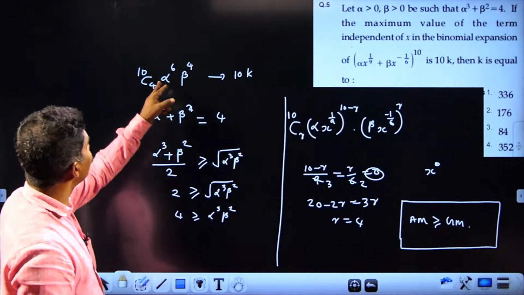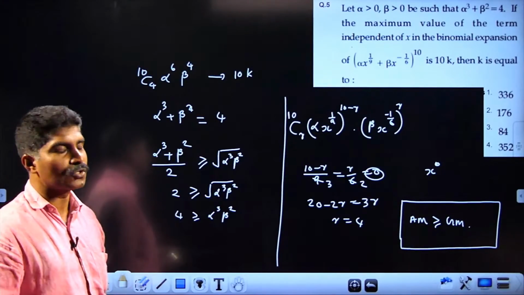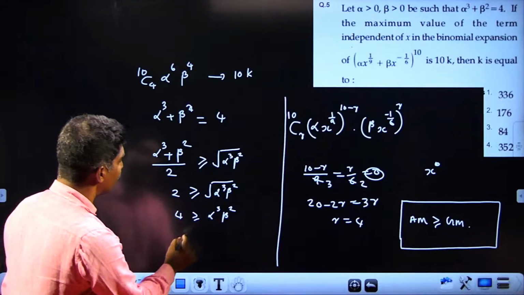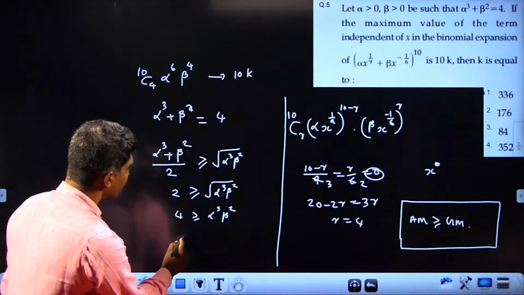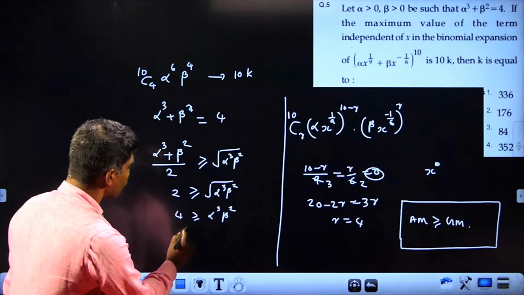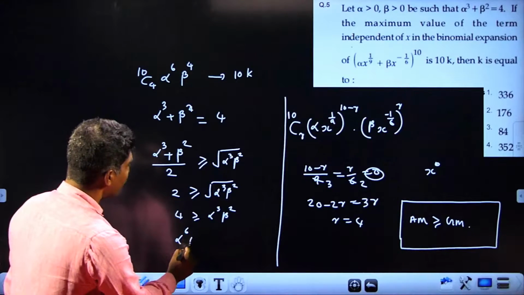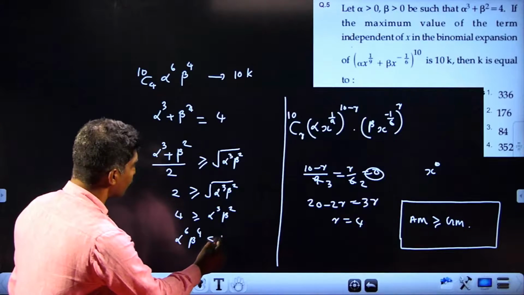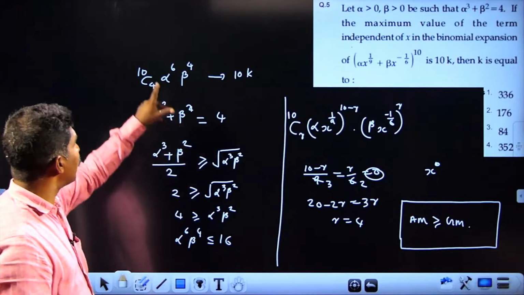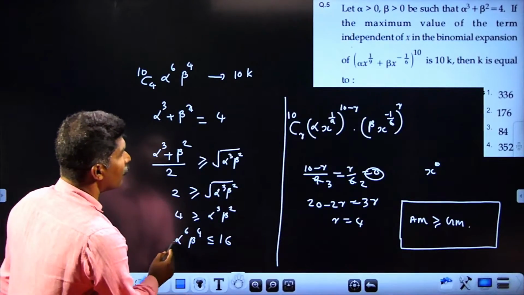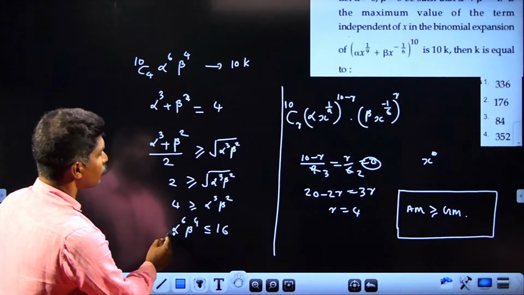We need alpha to the power 6, so again we have to square on both sides. So alpha raised to 6 and beta raised to 4 is less than or equal to 16. So we have to substitute the maximum value here. Then what will be the remaining part?